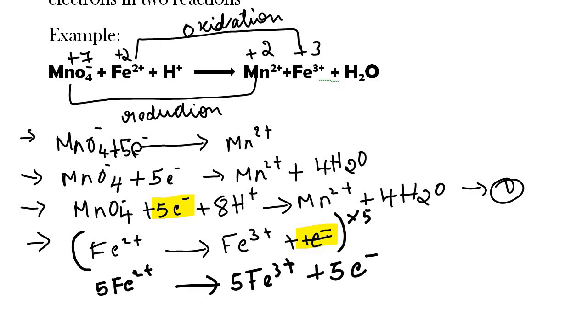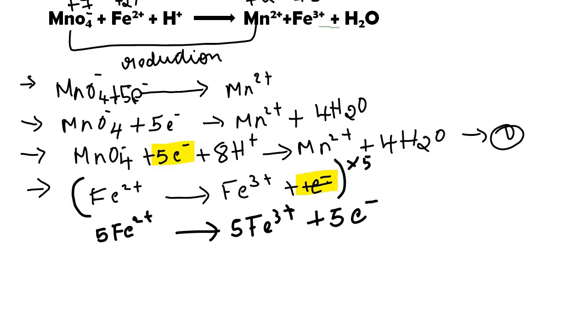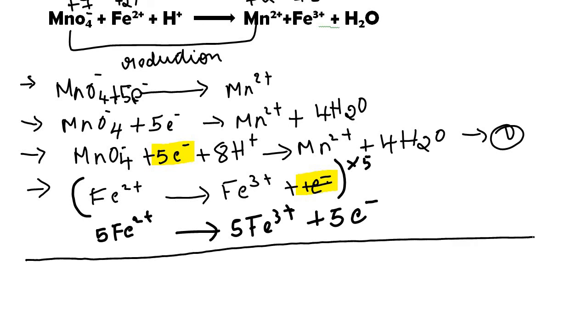Right. Now there is a possibility of cancelling, right? 5 electrons here and 5 electrons there, and there is no other possibility. We have already checked there isn't any other possibility of balancing.